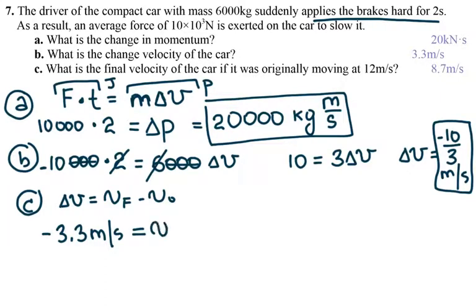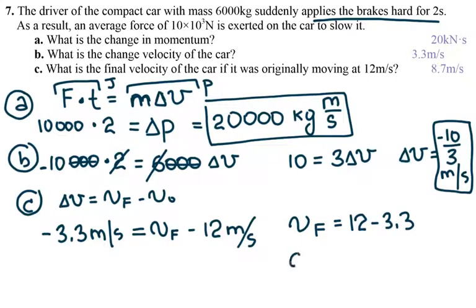So they asked me for the final velocity, and initial was 12 meters per second. So the final velocity, I lost 3.3 meters per second from 12 meters per second. So my final velocity is equal to 12 minus 3.3, and that gives me 8.7 meters per second.